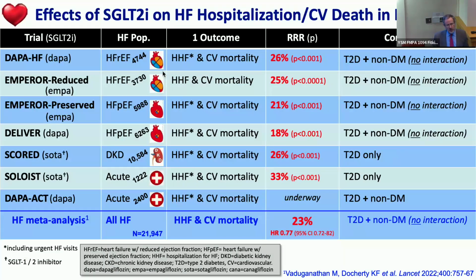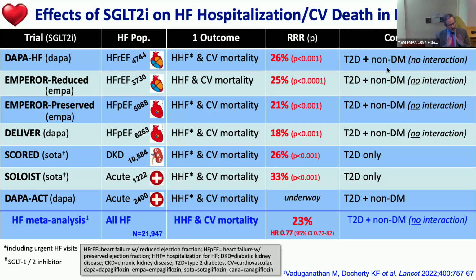And these data were so exciting that the cardiologists, particularly heart failure cardiologists, began to put together heart failure dedicated studies that included non-diabetic patients. So these were individuals with either HFpEF in some studies, HFrEF in other studies, a mix in some studies, and they were all positive. And there was no interaction between those patients that had versus did not have diabetes.